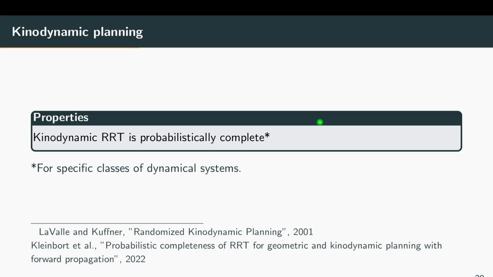So does anybody remember how the proof works for RRT? For probabilistic completeness? Too difficult.